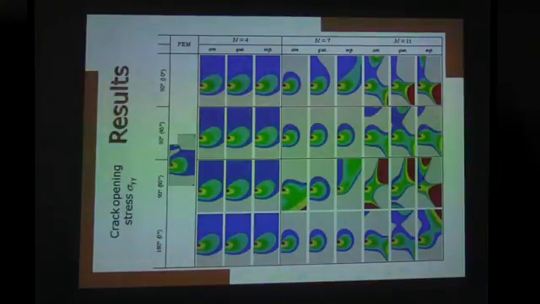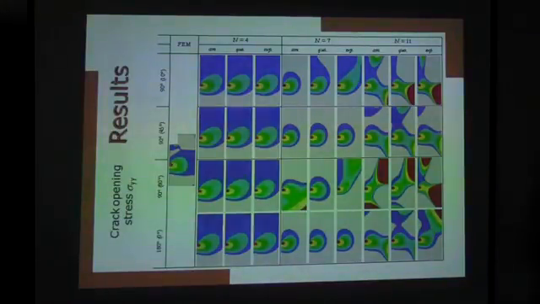But here you can see how the selection of the nodes from the finite element model, which are used as inputs for the fit of the coefficients, affects the results.